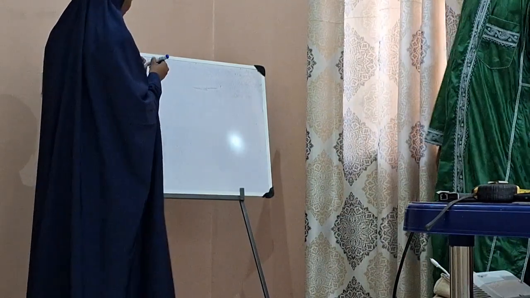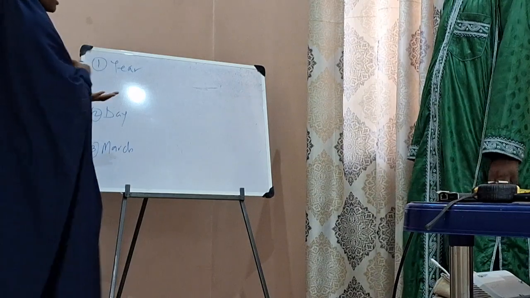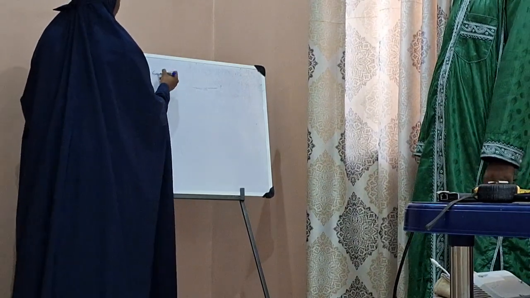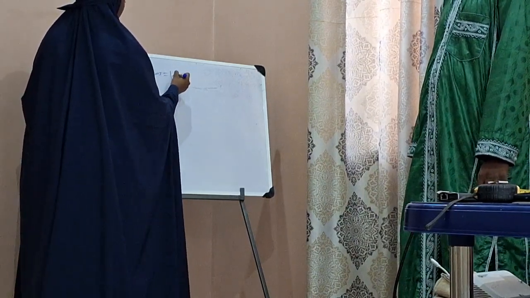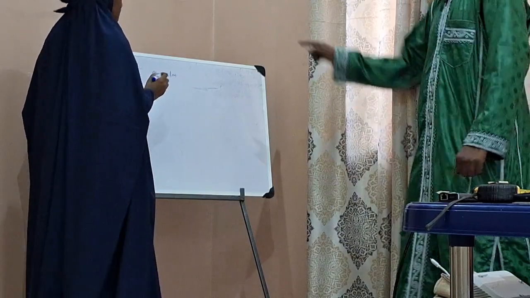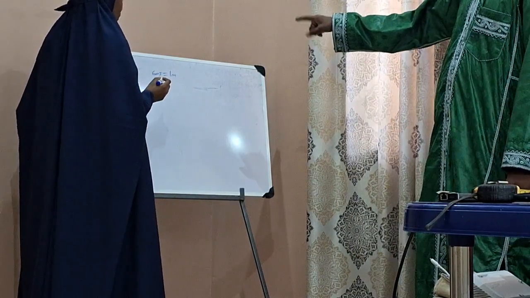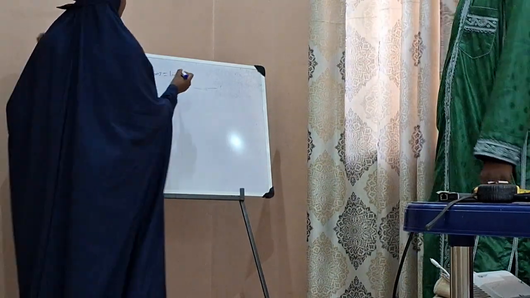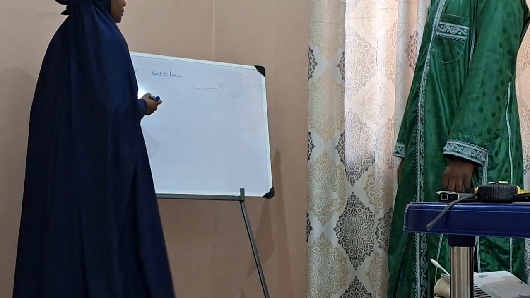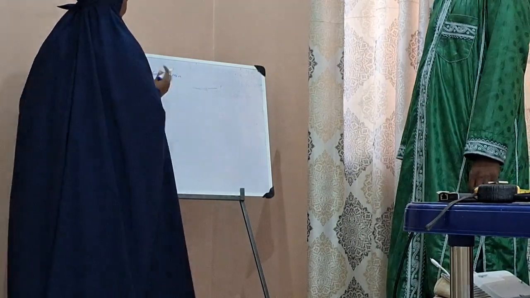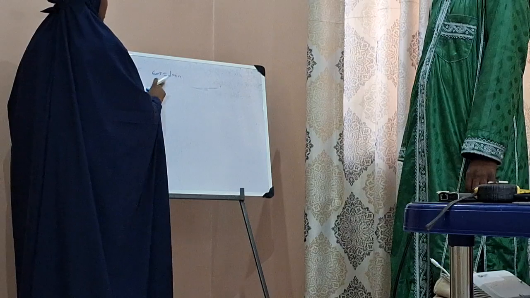Take us through. There are 60 seconds in a minute. So 60 seconds, 1 minute. Yes, this we know. Minute is not represented with M. Good. Then there are 60 minutes in an hour.